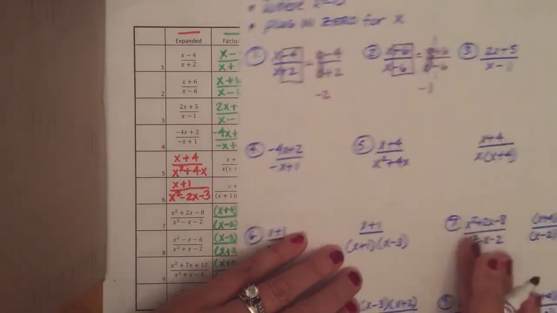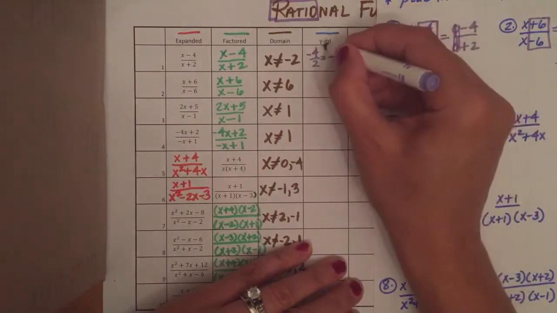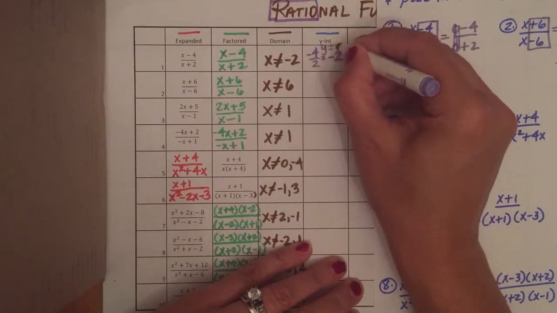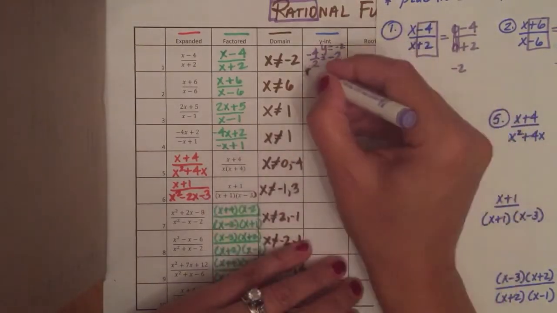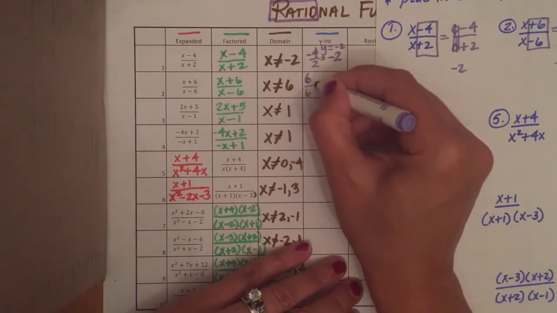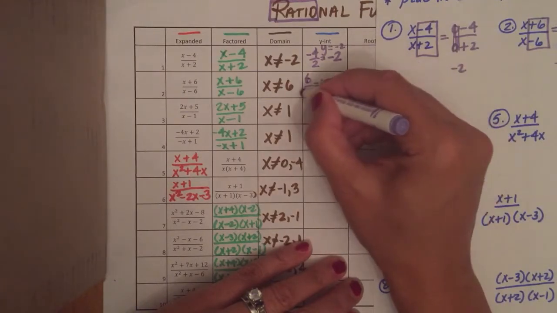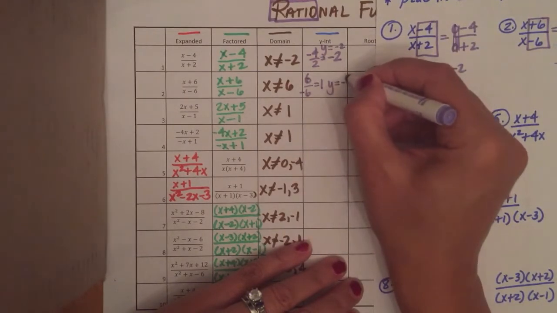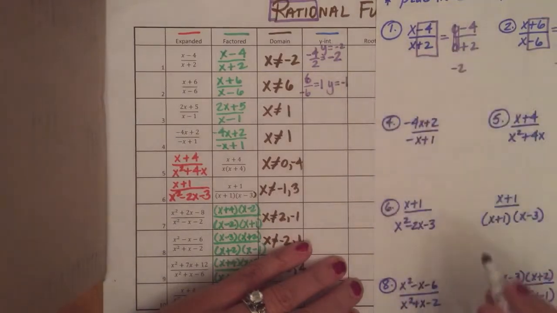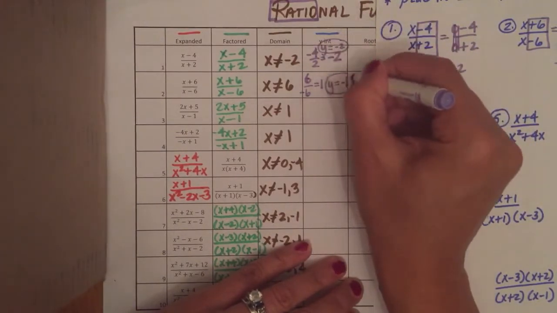This was -2, so -1. And let's write this correctly. So this would be y equals -2. So y equals 6 over -6, so -1, so that you can see it. And I'll circle the y-intercept.